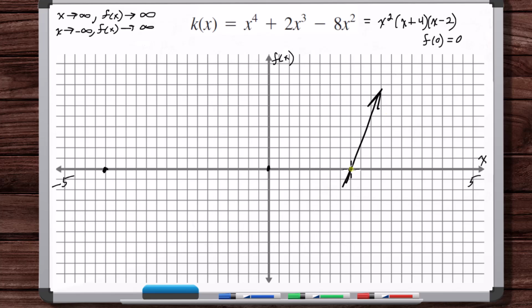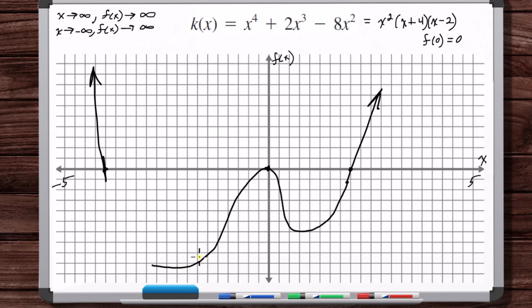So we're going to have a turning point here, and then we're going to bounce off of the graph here. And as x goes to negative infinity, the function also goes to infinity. Now this is just going to be a bigger dip because there's a bigger gap here. And there you go. There's the general shape.